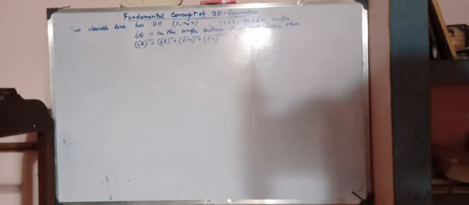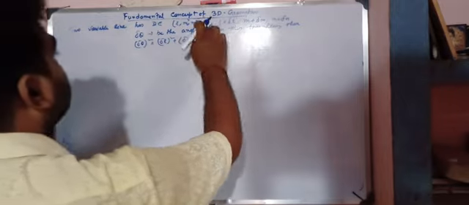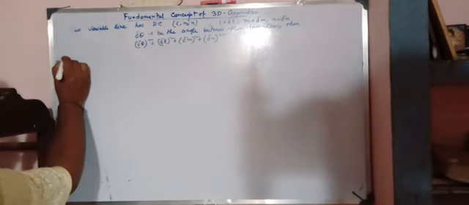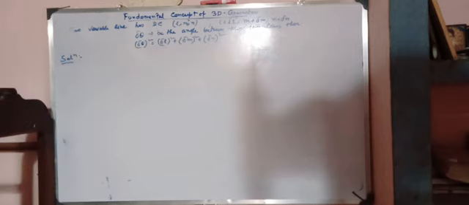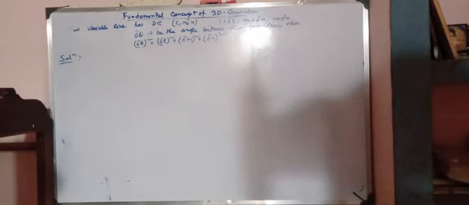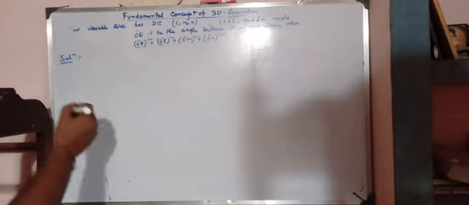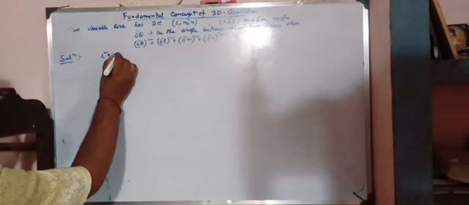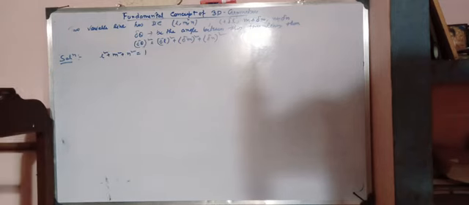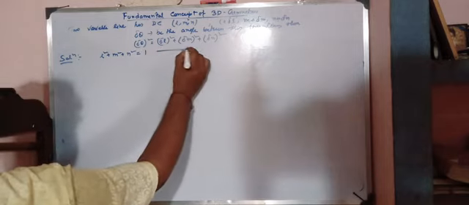Now since these are the direction cosines of the lines, obviously l square plus m square plus n square should be 1, and this is my equation 1.